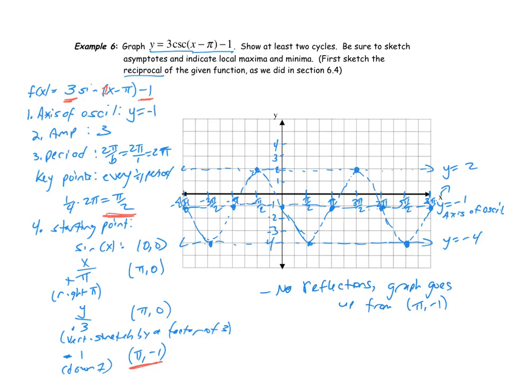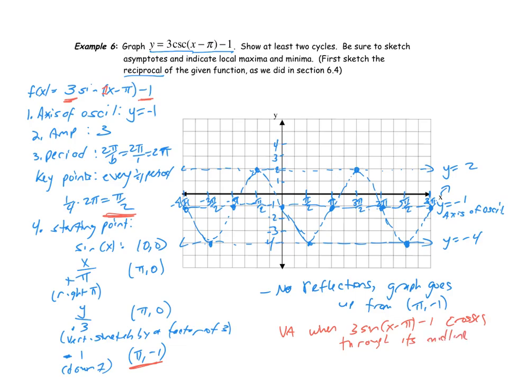Now, to graph the cosecant, we know that vertical asymptotes occur whenever the sine function passes through its midline, not the x-axis. This is important. So we'll have vertical asymptotes when 3 sine of (x minus pi) minus 1 crosses through its midline, which is at y equals negative 1.